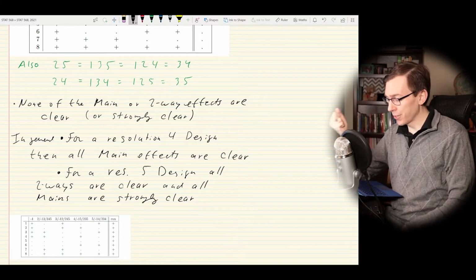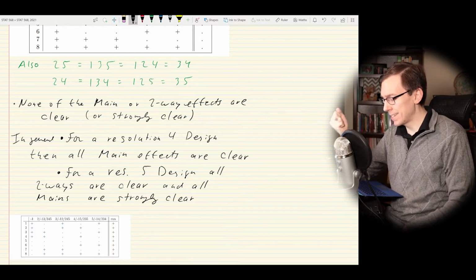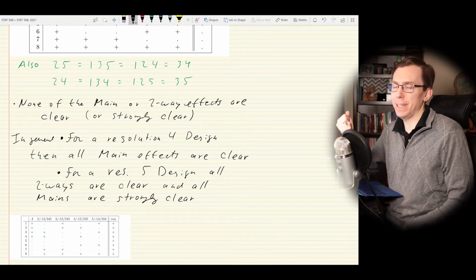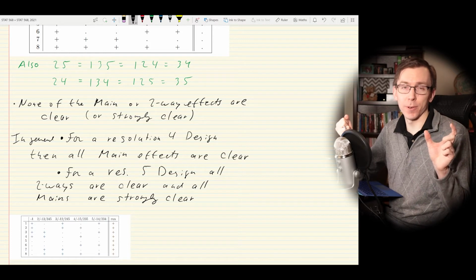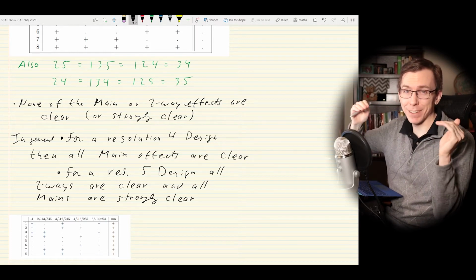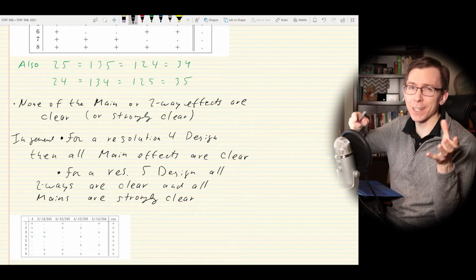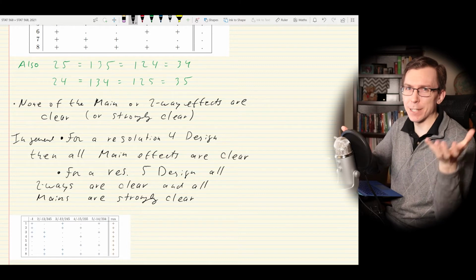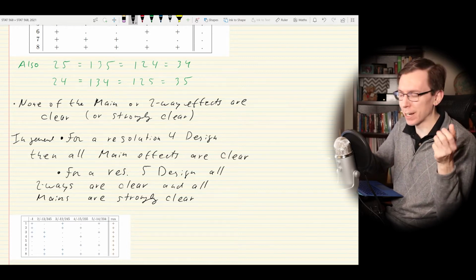If you have a resolution 4 design, it is necessarily the case that your main effects can at worst be aliased with a third order interaction. And there we have some separation. And if we get significance there, we typically would say, okay, we're going to side with the main effect over a three-way interaction because that's probably where the significance is coming from.